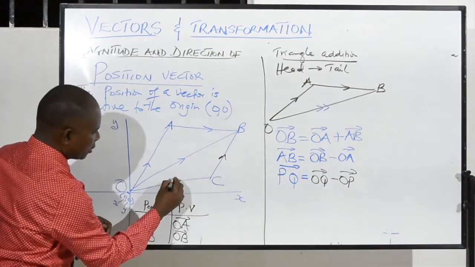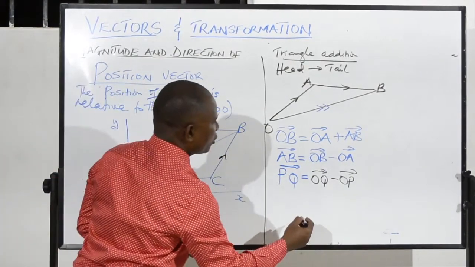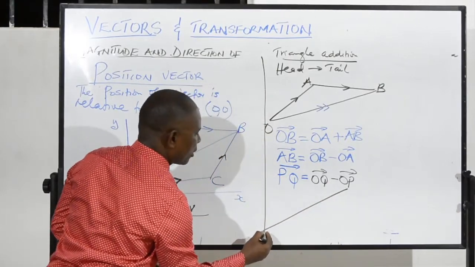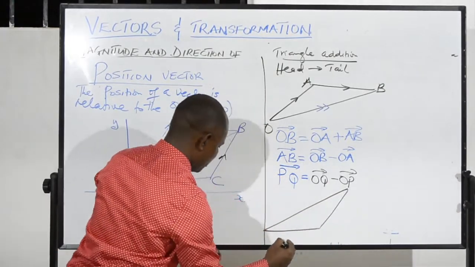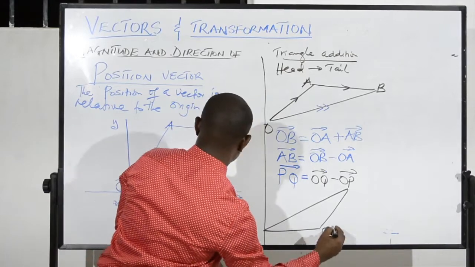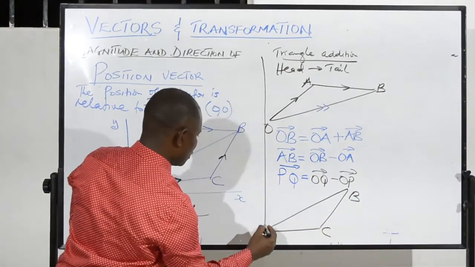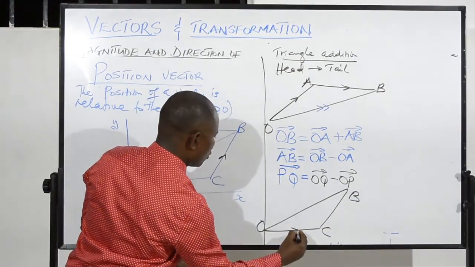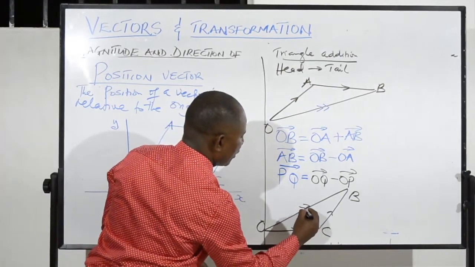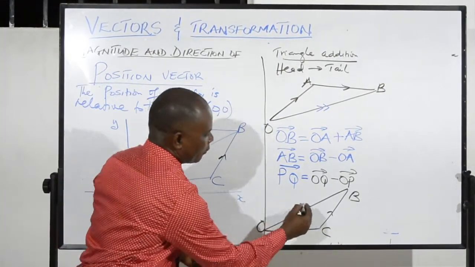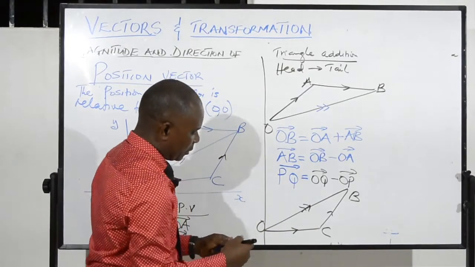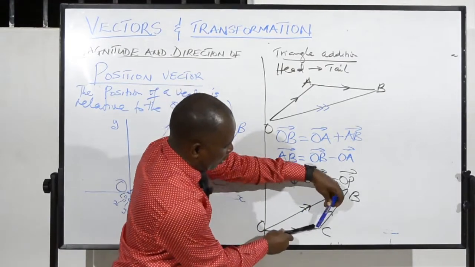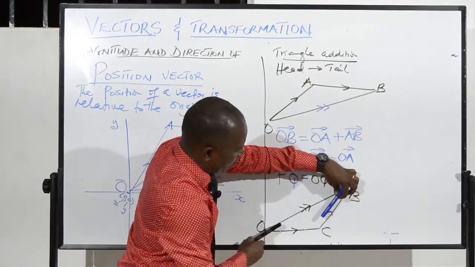If I want to find BC, it is the same here. I will bring that same triangle out here: this is C, and this is B. If I follow the same rule, the head of one vector follows the tail of the other to get this triangle.